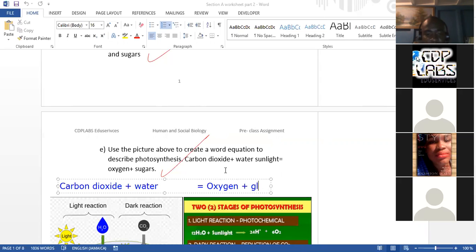Then in the middle of that, you raise it up a bit and you put sunlight. You see, I put it at the top there. Everybody seeing that? Good. And then just draw a line underneath it. So this is the correct way to write it.